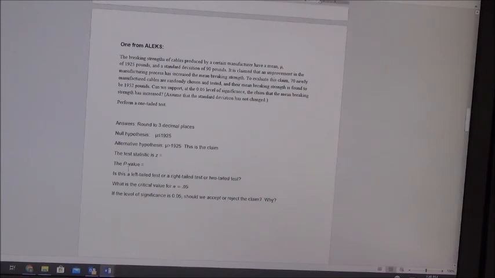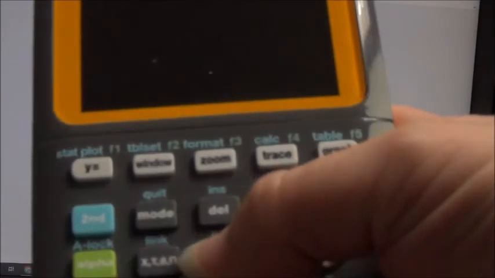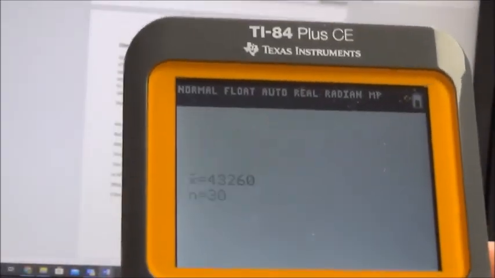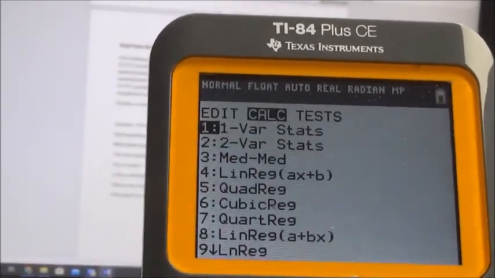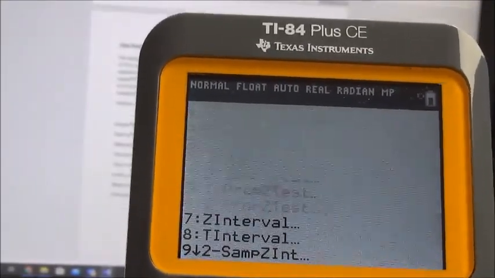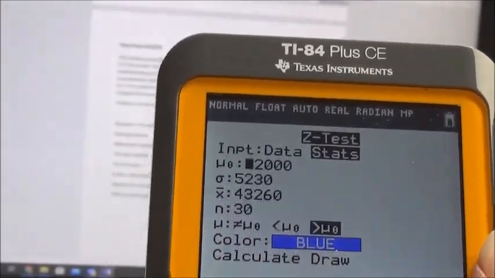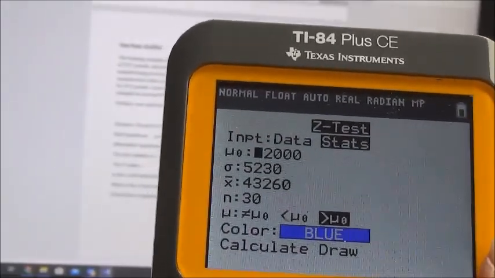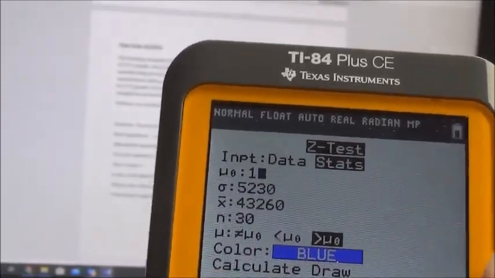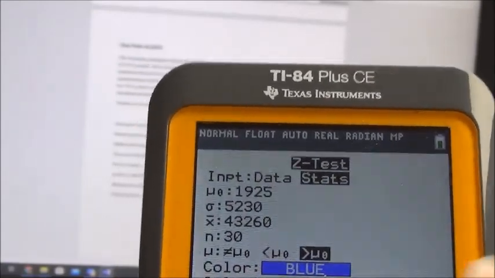Now we're going to use the graphing calculator in order to find these values. So you are going to press the Stat button. You're going to go over to Tests, and you're going to do the Z-test. We're going to do Statistics. And so the mean value is going to be the 1,925.